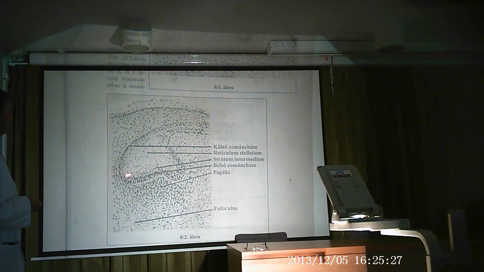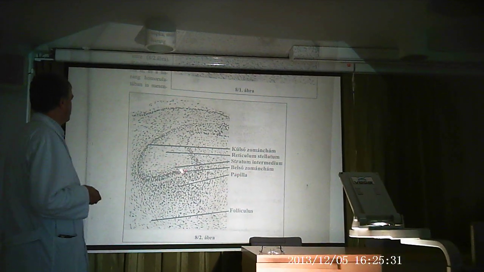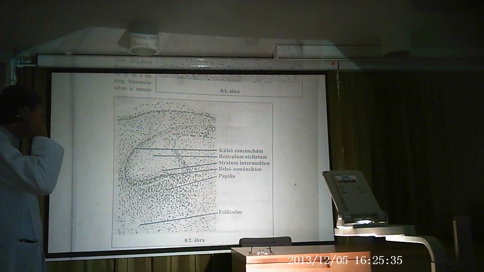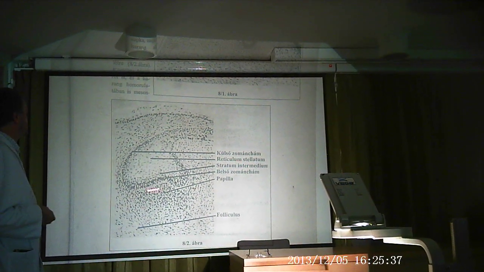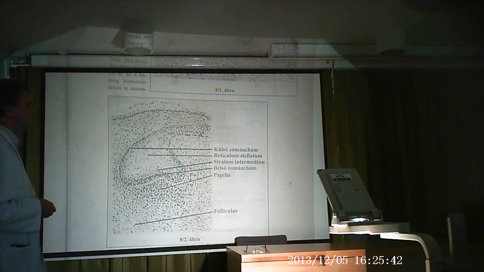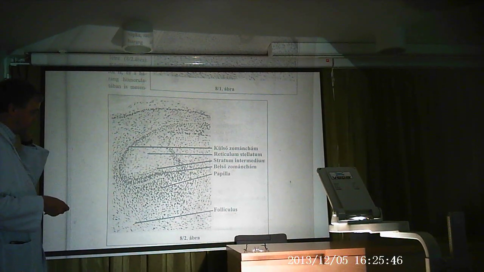And this is the stratum intermedium, flattened cells producing glycogen molecules, and alkaline phosphatase activity is high in these cells, and glycogen is again very important for the secretion of ameloblasts.